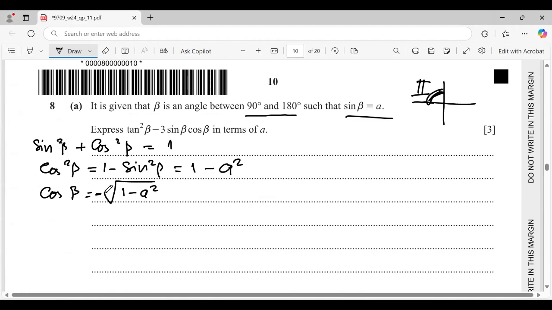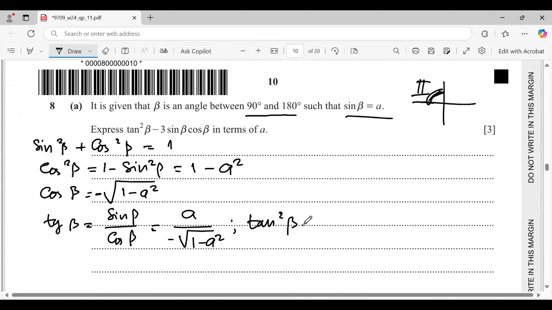So I would like to put a negative here. That means tangent beta equals sine beta over cosine beta, A over minus square root of 1 minus A squared. And tangent squared beta is A squared over 1 minus A squared.